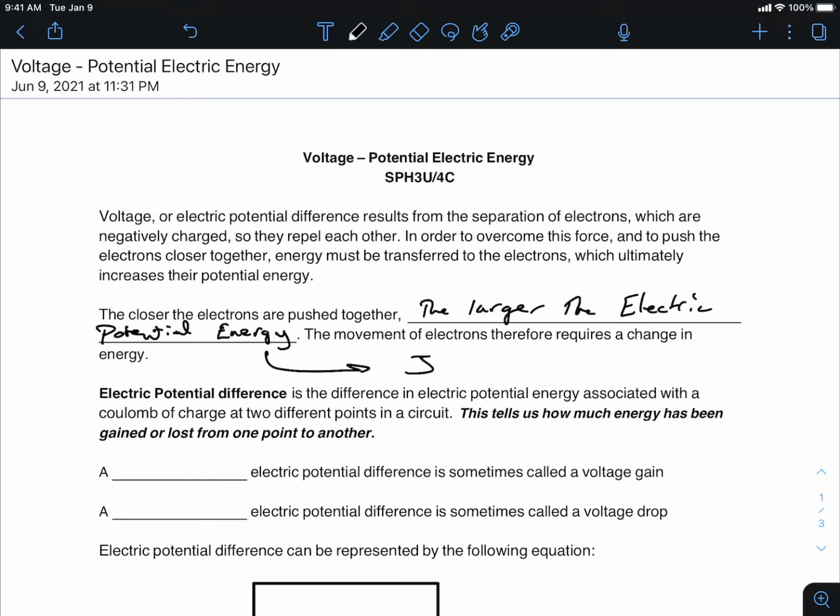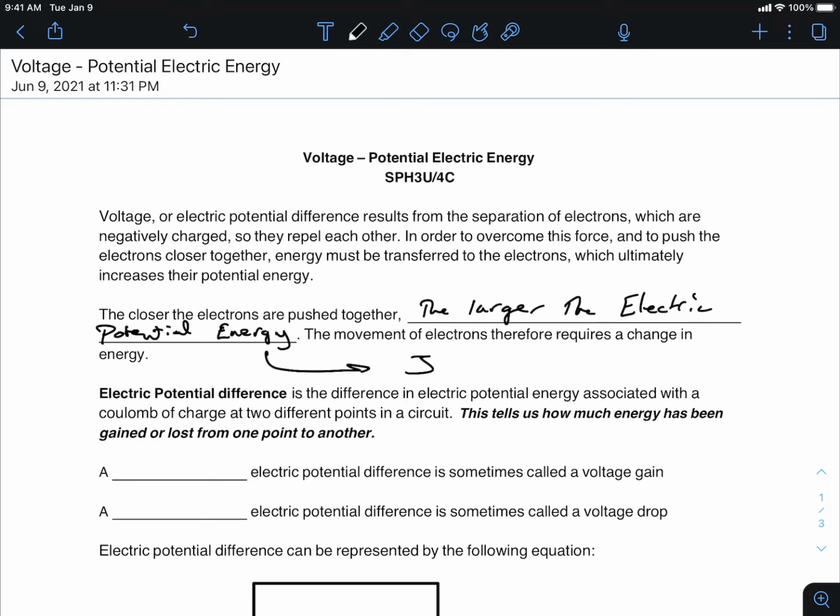If there's resistance, if there's a light bulb, those are going to create a loss of energy in some form or another, whether it's heat or sound. An electric motor creates sound, so you're going to lose energy. So you're going to see a decrease in electric potential across that motor, because the electrons have done some form of work.